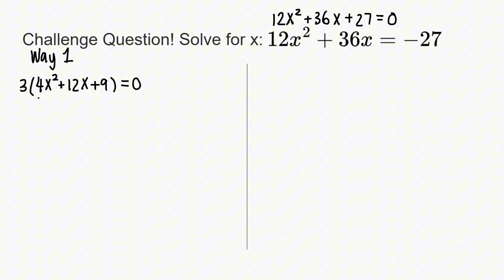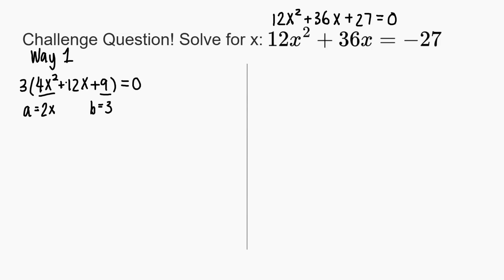So the first check is whether this is a special product. It might be, because 4x squared could be 2x squared, and 9 is 3 squared.